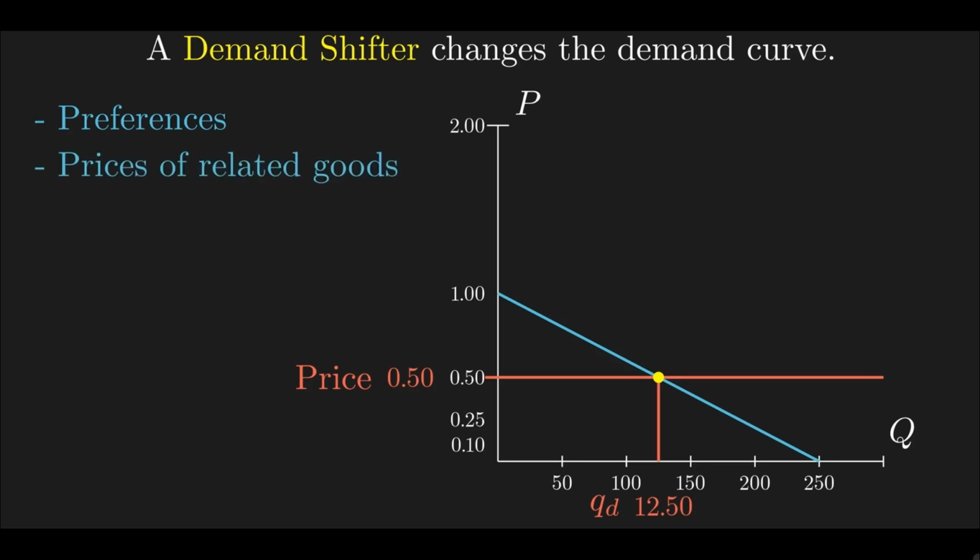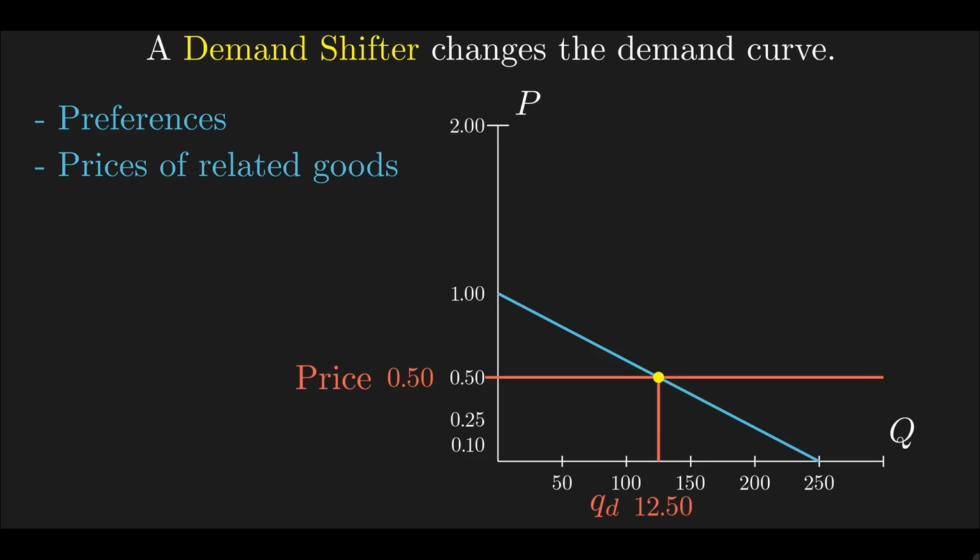And then we would see the demand shift if the price of related goods changes. So if you're buying spinach, if the price of kale goes up, then you're less likely to buy kale and you're more likely to buy spinach. So if the price of kale goes up, then you're going to buy more spinach.